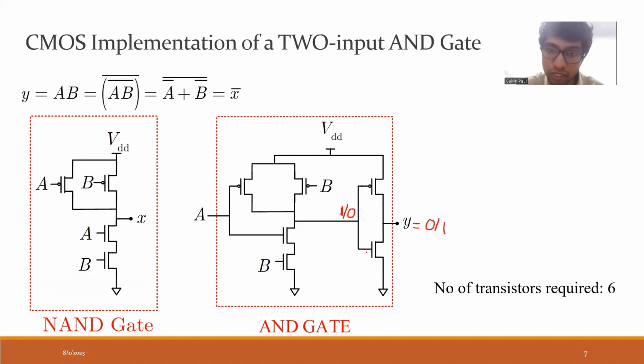So 1, 2, 3, 4, 5, 6 transistors are required for this implementation. This example is given for understanding how, if we want a particular logical function to occur, then we have to design the circuit with various transistors, and we can get the circuit with the minimum number of transistors.